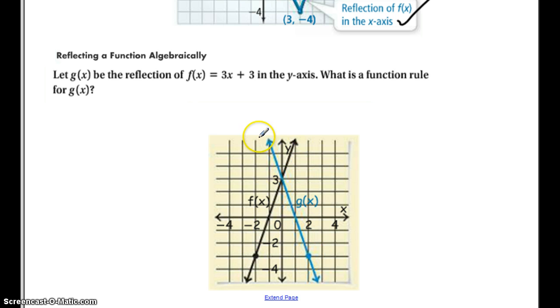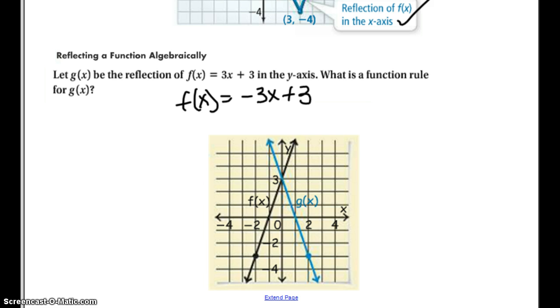Black was the original, and blue right here is going to be the translated function of the reflection on the y-axis. The way to do that, if you recall, is to take the opposite of your x value. That's how you're going to reflect it over the y-axis.